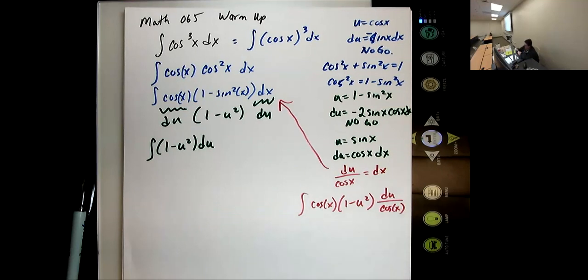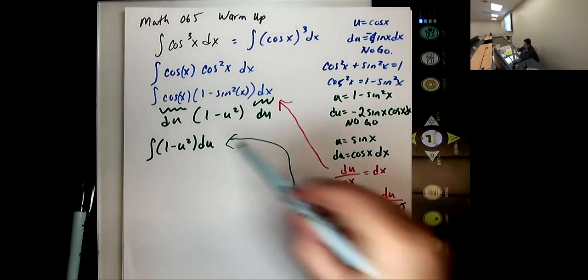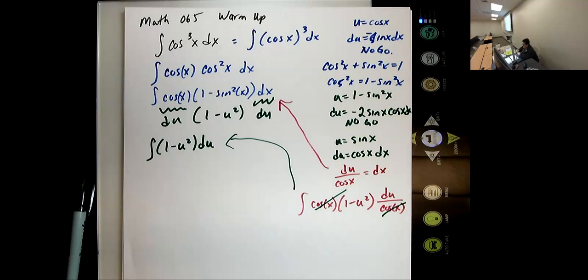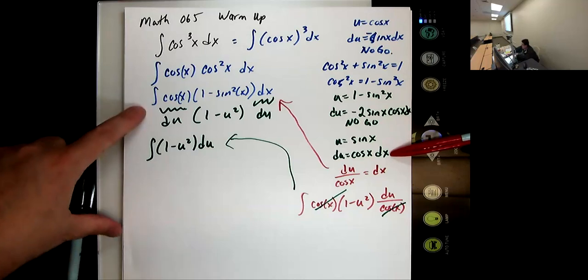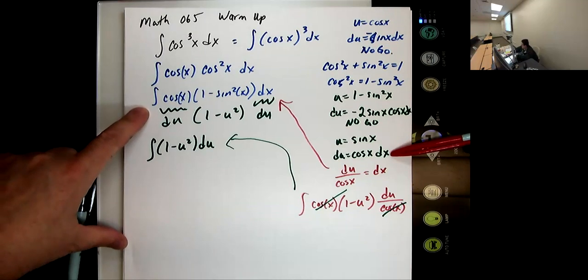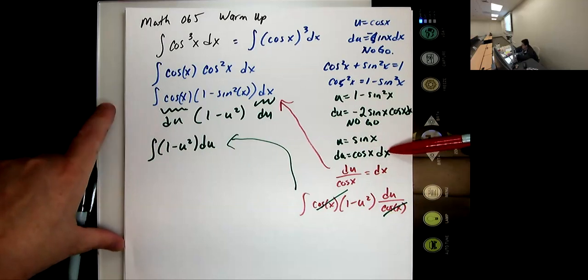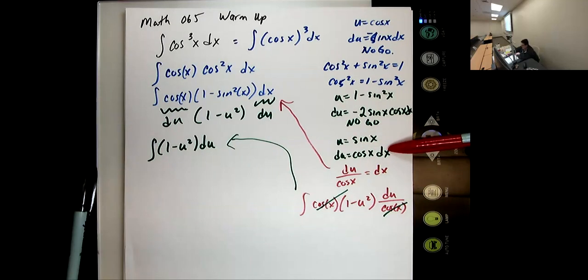The cosine x cancels, and I get to that. With a little practice, I found just leaving this as long as it shows up there, it makes it an easy substitution. You just got to identify what pieces make it up. And they do have to be multiplied together. Everything needs to be multiplied here.